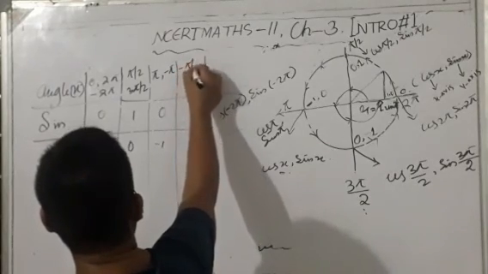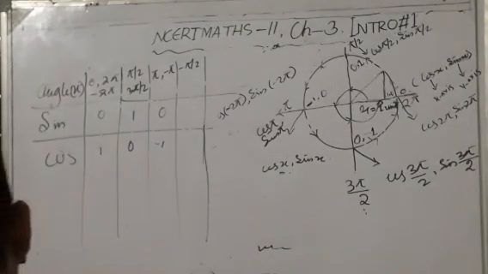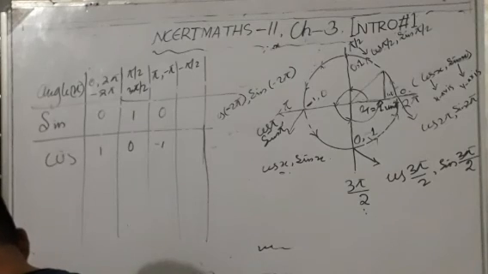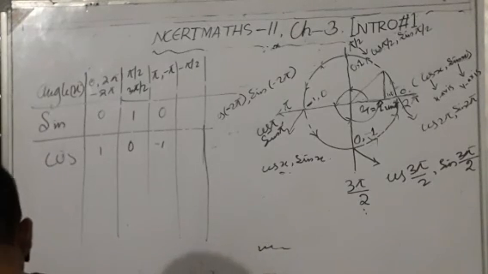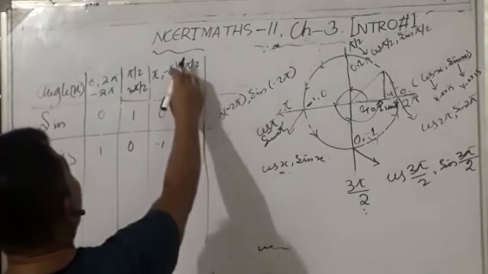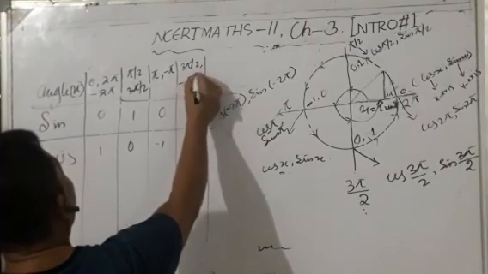And then next, minus pi by 2 and then 3 pi by 2. Okay, 3 pi by 2 and then minus pi by 2.